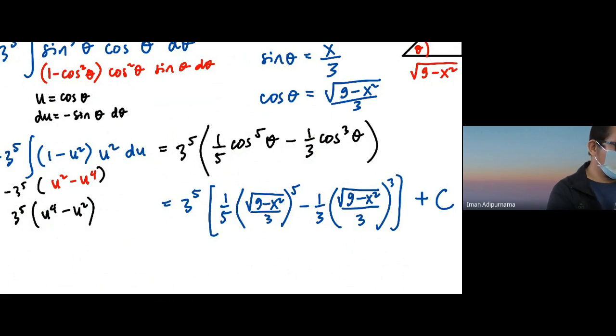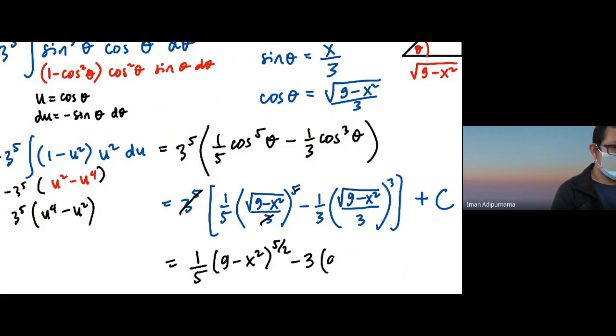If you want to look at how it simplifies, this will cancel this, right? So this will be 1 over 5, 9 minus x squared to the 5 over 2, minus, 3 becomes 3, and then it has 9 minus x squared to the 3 over 2 plus 3.